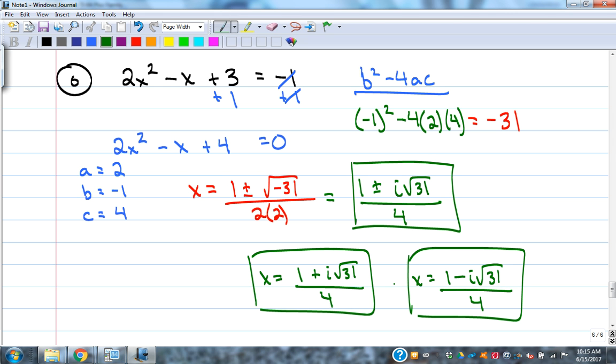Okay, so getting that discriminant first can be very, very helpful in doing that problem.